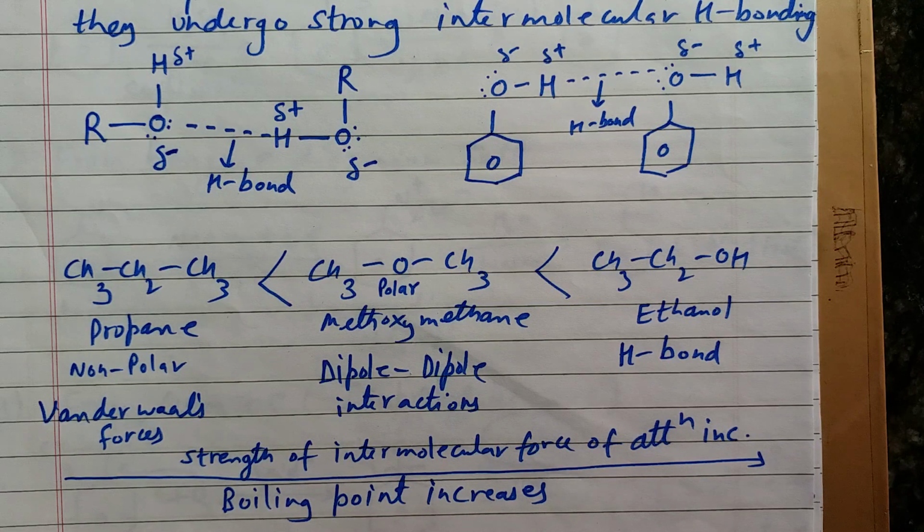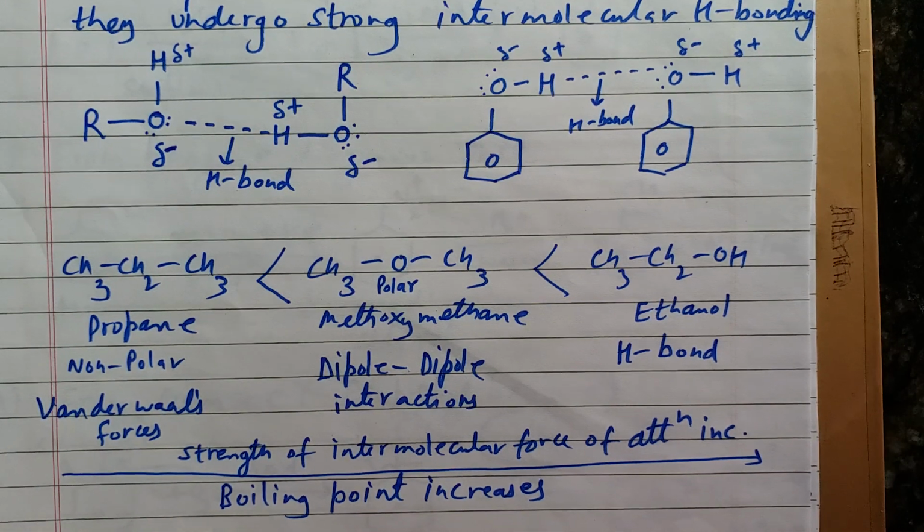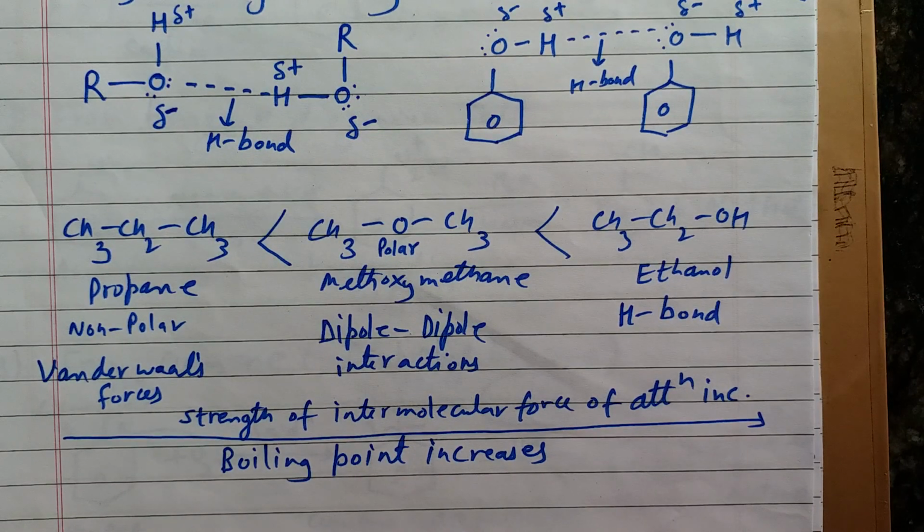So what is the reasoning here? As the strength of the intermolecular force of attraction increases, the boiling point is also going to increase. So alcohols maximum because of hydrogen bond, then ethers less than that because of dipole-dipole interactions, and least are the alkanes because of the weakest van der Waals forces of attraction.